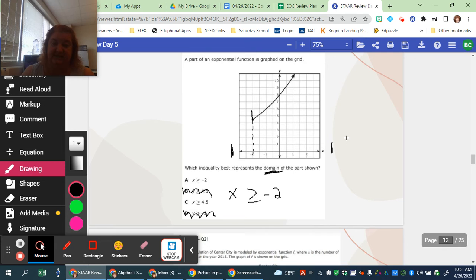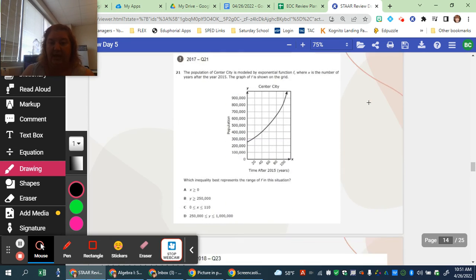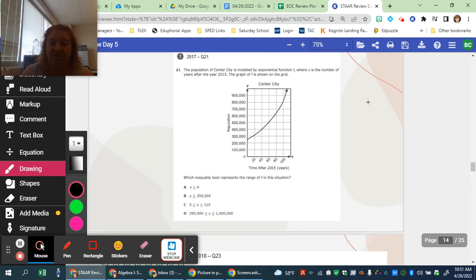So there it is. It is A. Okay, what about this one? The range of the situation. Well, our lowest point, we're looking, range is y. So it's not going to be this, and it's not going to be this, and it keeps going forever. So we cannot have a stopping point. So the range is B.